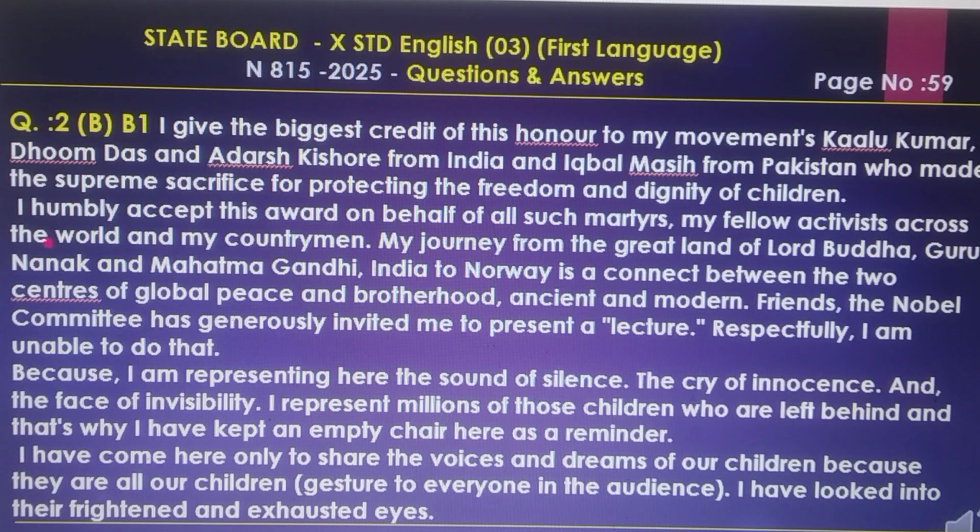I humbly accept this award on behalf of all such martyrs, my fellow activists across the world and my countrymen. My journey from the great land of Lord Buddha, Guru Nanak and Mahatma Gandhi, India, to Norway is a connection between the two centuries of global peace and brotherhood, ancient and modern.